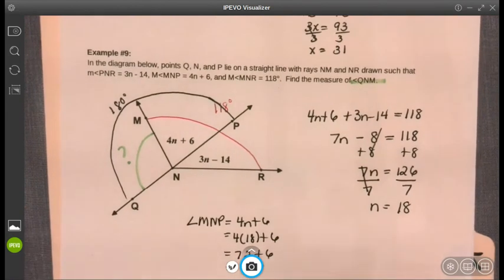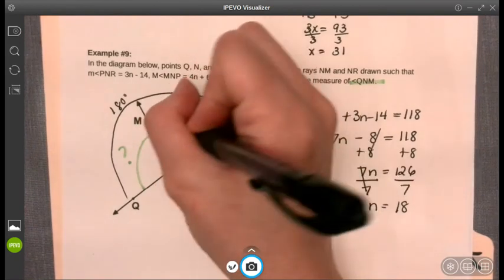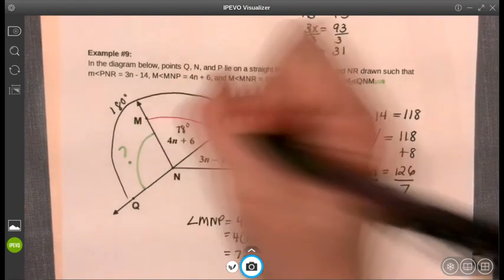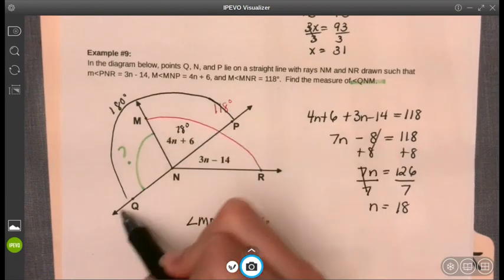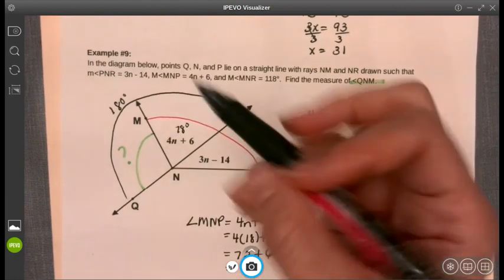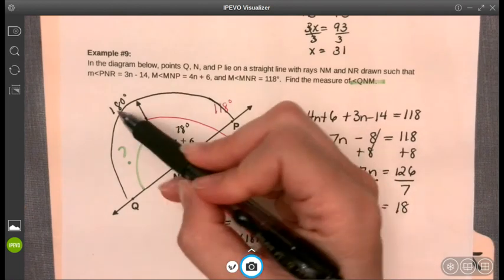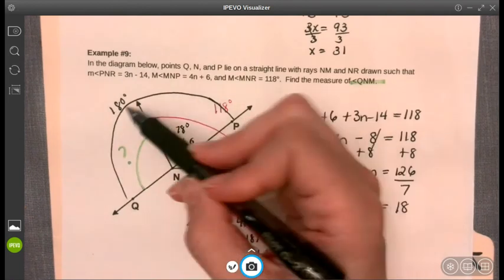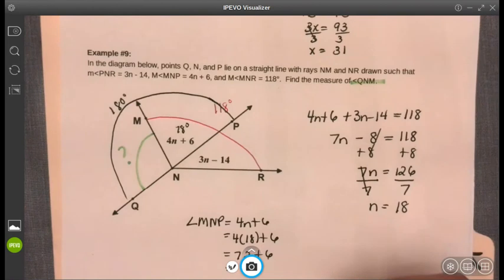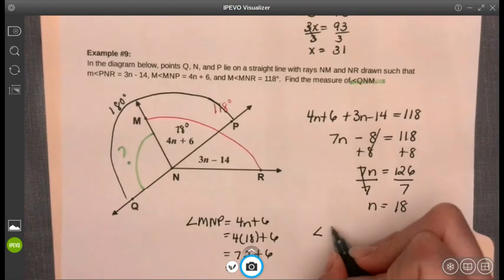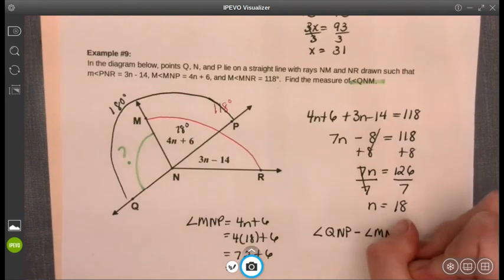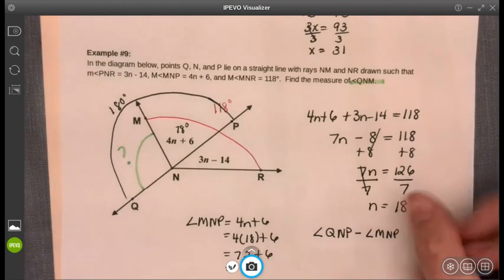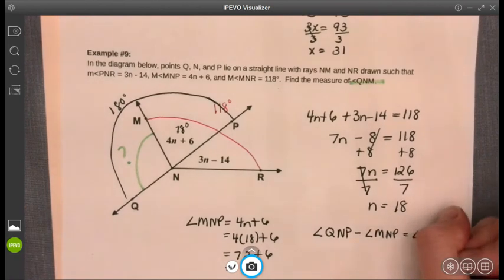So now I know that this angle right here is 78 degrees. So if this is 78, I know this is a straight line, and so I know that two angles on a straight line add up to 180. Now all I need to do is take what QNP is, subtract the angle MNP that I know, and that will give me angle QNM.